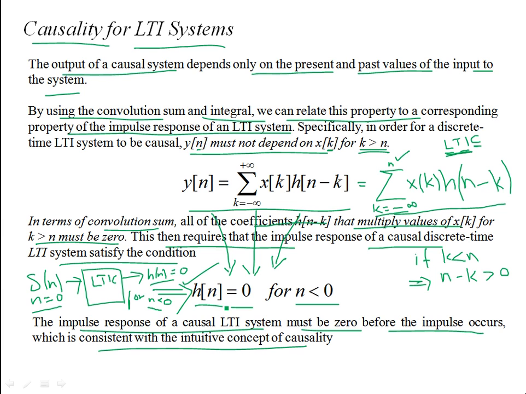The output will stay at resting conditions unless you apply an input or an excitation. So the system, before applying an excitation, cannot predict the output. It's not going to respond to that excitation.